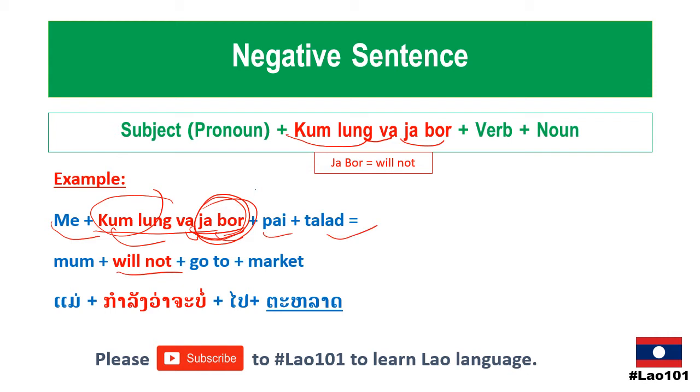But we can say that แม่จะบ่ไปตลาด. In this context we might say, oh, is mom going to the market now? Oh, แม่กำลังไปตลาดบ่, แม่จะบ่ไปตลาด. So this is how you can say and respond in Lao, แม่กำลังว่าจะบ่ไปตลาด, okay.